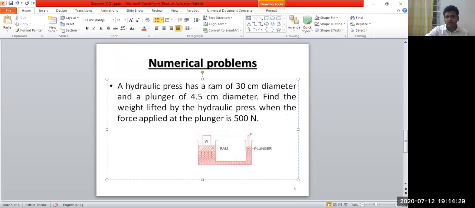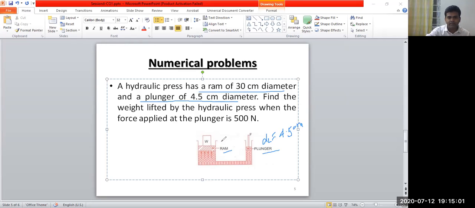This is a ram, and it has a diameter of 30 centimeter. The plunger has a diameter of 4.5 centimeter. This is the plunger, and D2 is its diameter, equal to 4.5 centimeter.